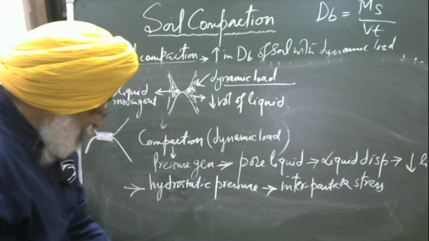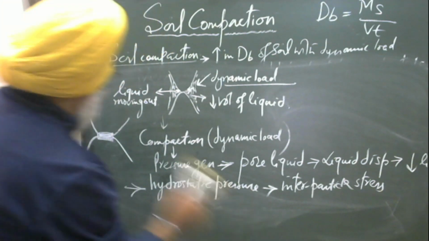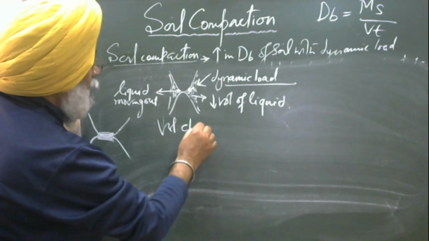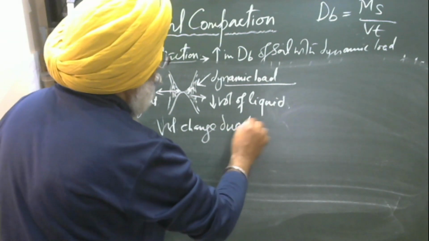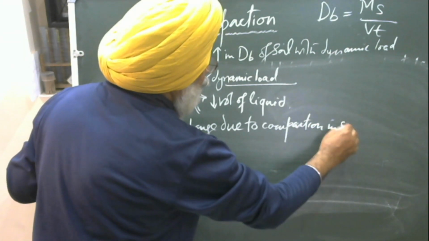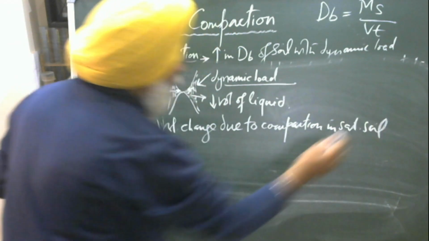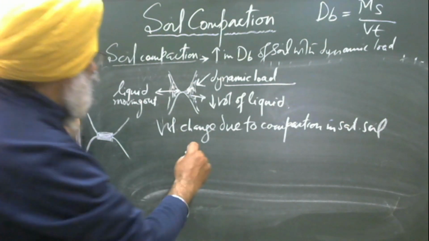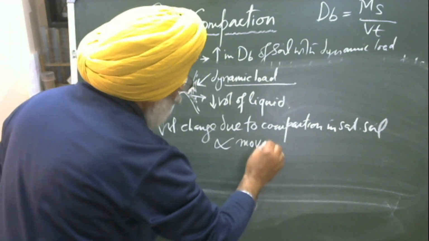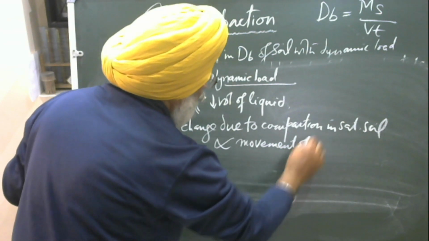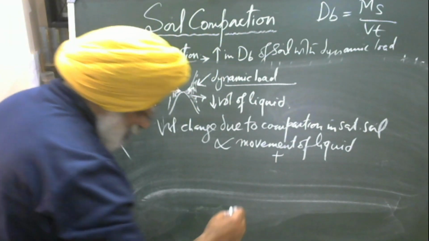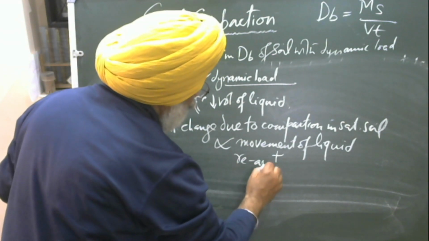So here the volume change due to compaction in saturated soil will be both because of the movement of liquid plus rearrangement of soil particles.